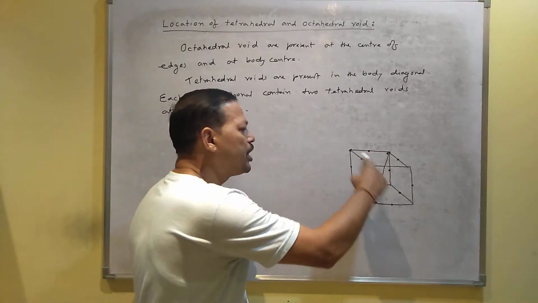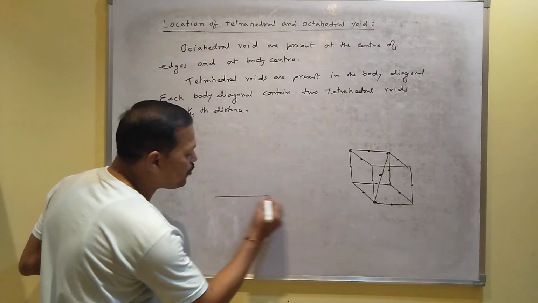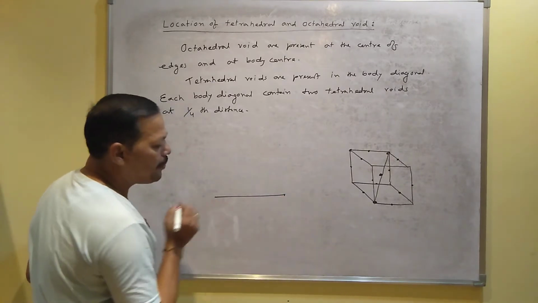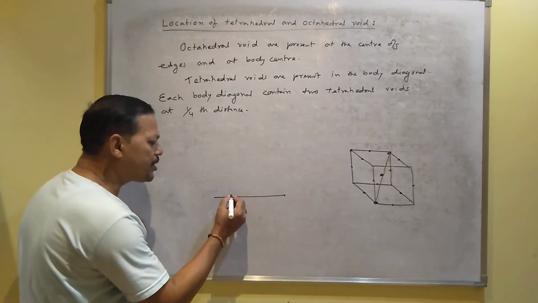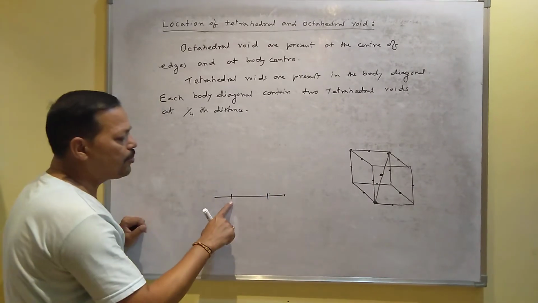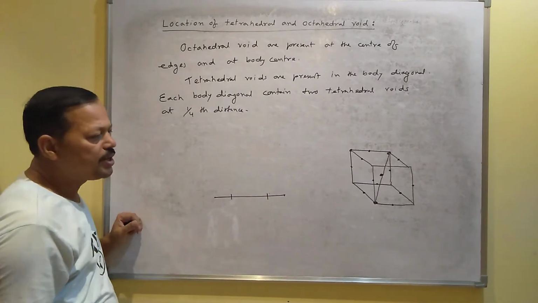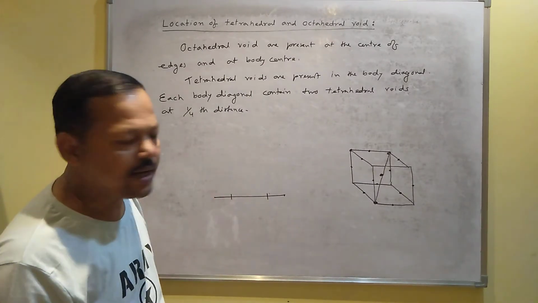And in a cube, you can draw 4 body diagonals. Every body diagonal, suppose this is one of them, contains two tetrahedral voids at 1/4 distance like this. If one tetrahedral void is present here, then another tetrahedral void will be present here. So this is the position of your tetrahedral void.